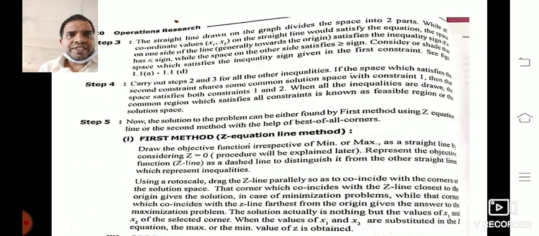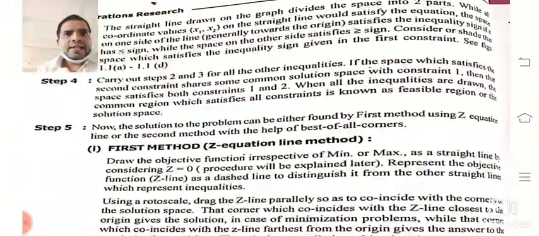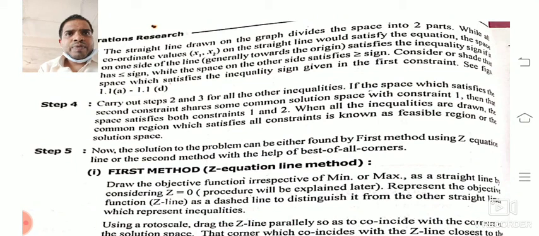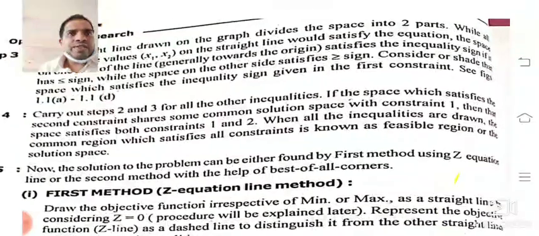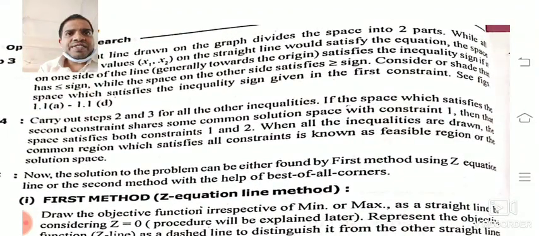If the constraint has a less than or equal sign, then the feasible solution space region is towards the origin. If the sign is greater than or equal, then the feasible solution space is away from the origin.